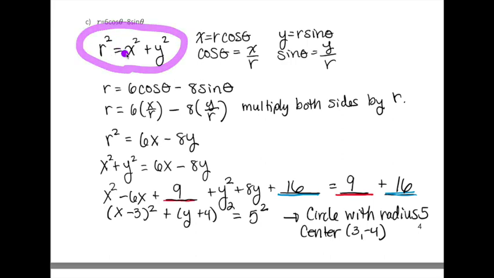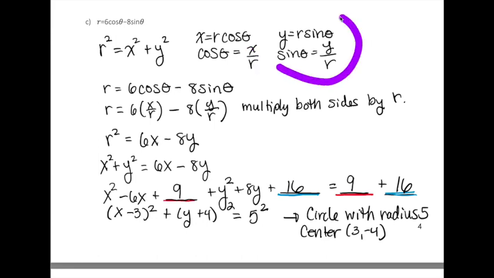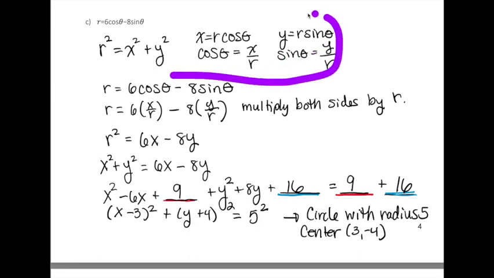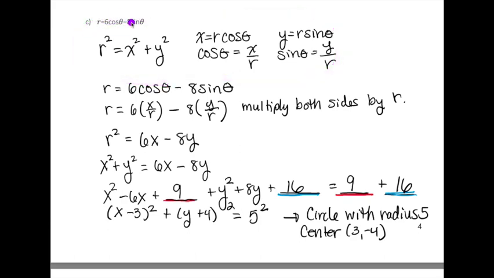We know that r squared is equal to x squared plus y squared. We know that x is equal to r cosine theta, or we can rearrange it to write cosine theta is equal to x over r. And we also know that y is equal to r sine theta, or sine theta is equal to y over r. These are the resources we're going to use when we rewrite something from polar coordinates to rectangular, and vice versa.